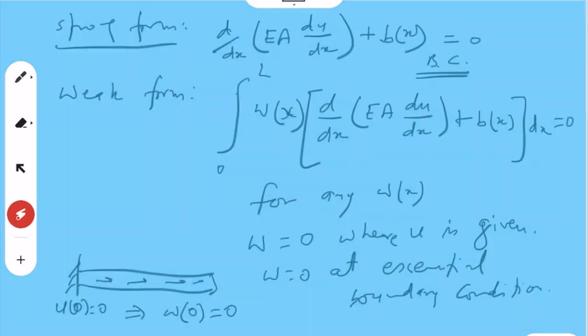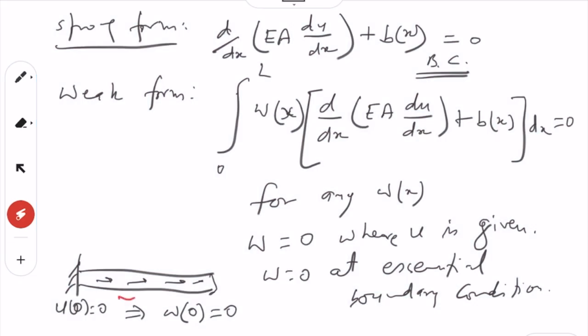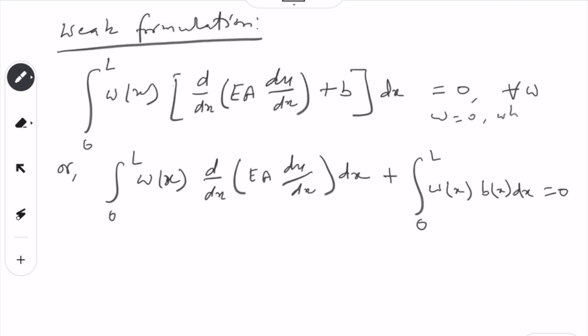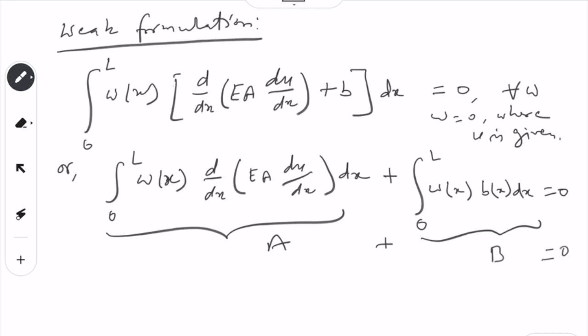We can customize this to our equation later on. Right now let me just make it general purpose, or we can write w equal to 0 where u is given. This term we will not do anything with. So just write a plus b equal to 0.